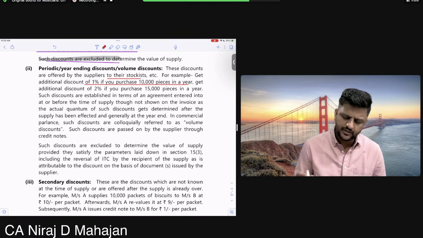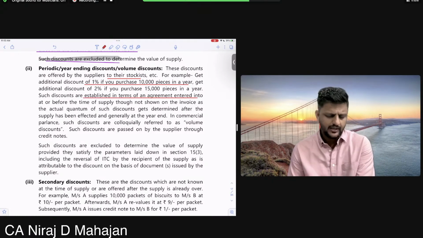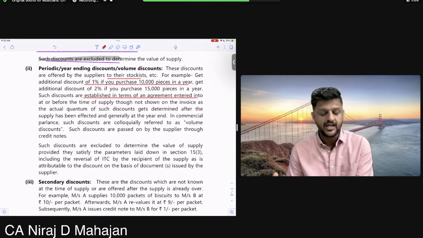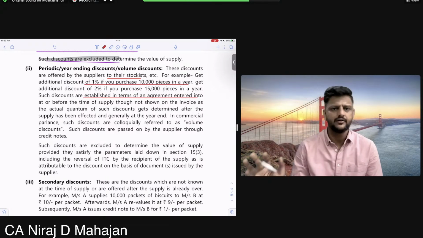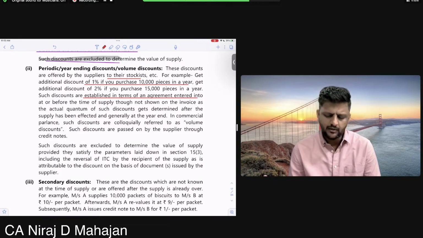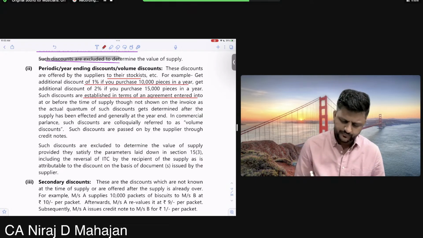Such discounts are established in terms of an agreement entered into on or before the time of supply, though not shown on the invoice, as the actual quantum of such discounts gets determined after the supply has been effected, generally at the year end. So all the accounting balancing is done at the year end. In commercial language, such discounts are colloquially referred to as volume discounts. Such discounts are passed on by the supplier through credit notes. No issue. That is okay?